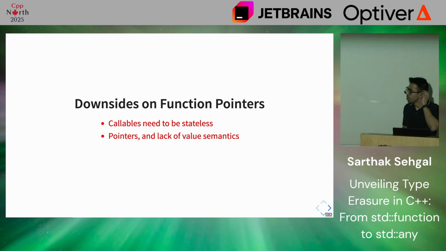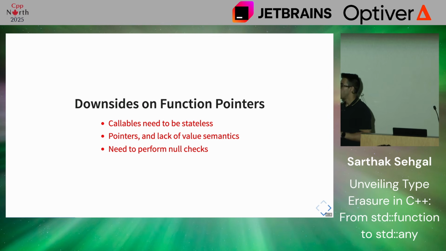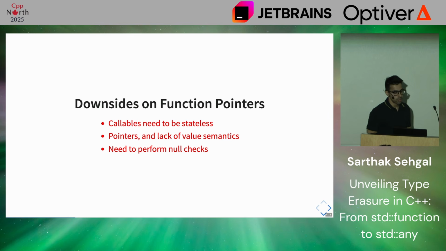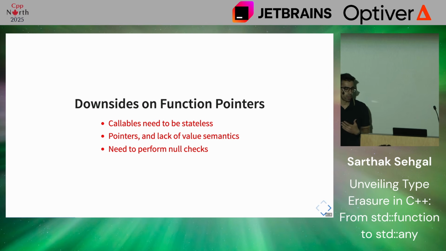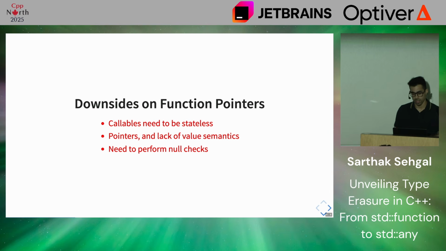Ideally, you want a solution which is prettier and safer to use. And the third downside, which is a bit of a nitpick but still quite important in terms of safety in C++, is that you need to perform null checks whenever you are using a function pointer. Obviously, there can be a wrapper around it which does it for you, but I think this is an important point.